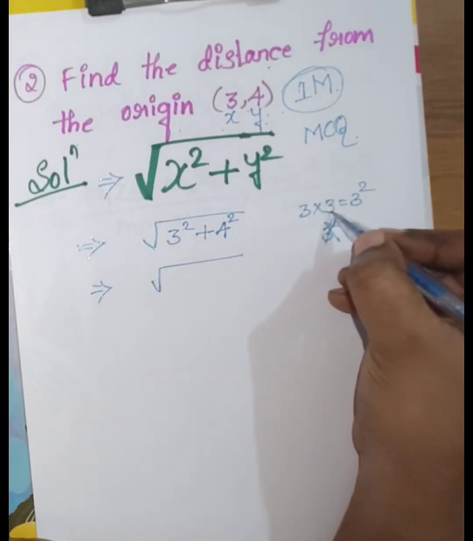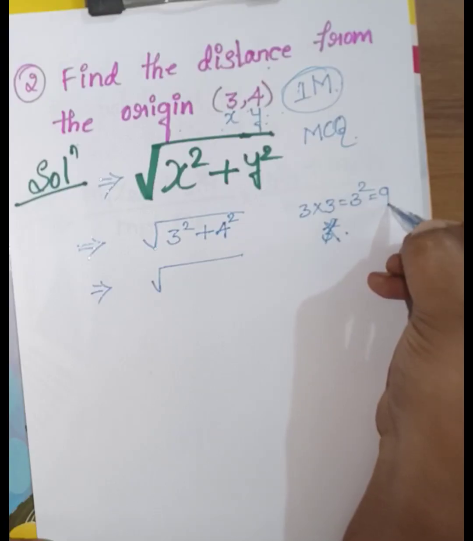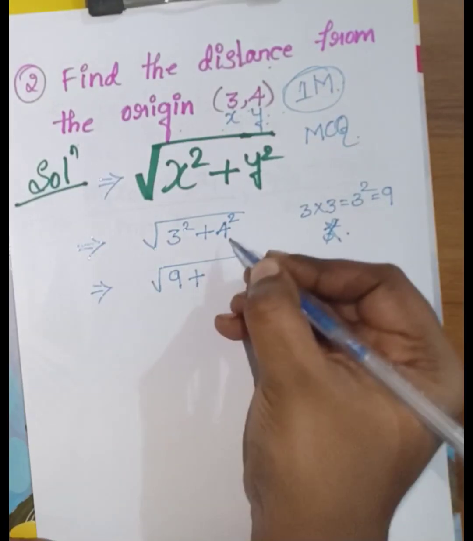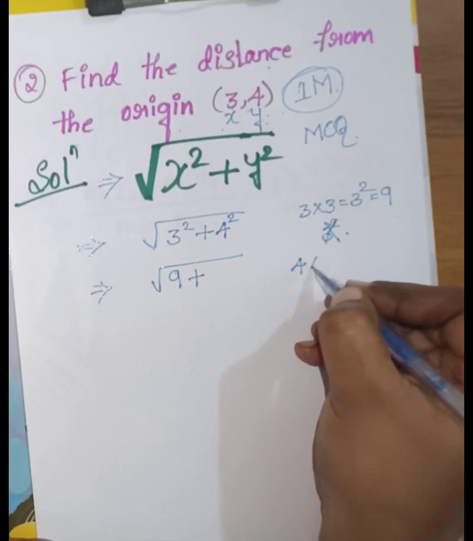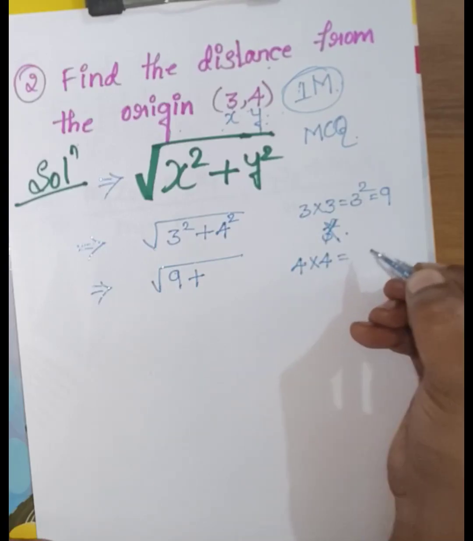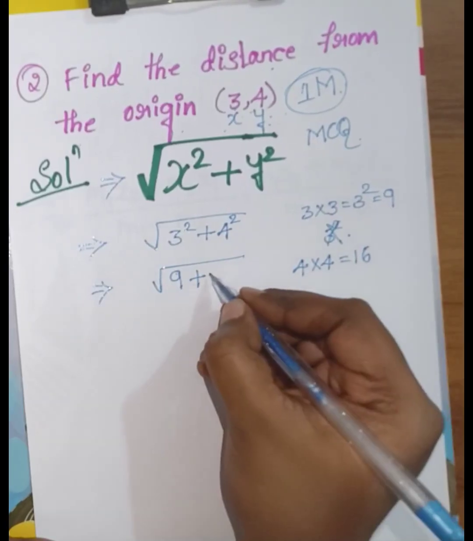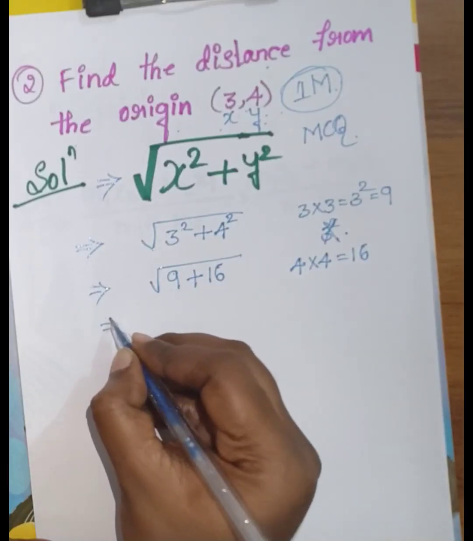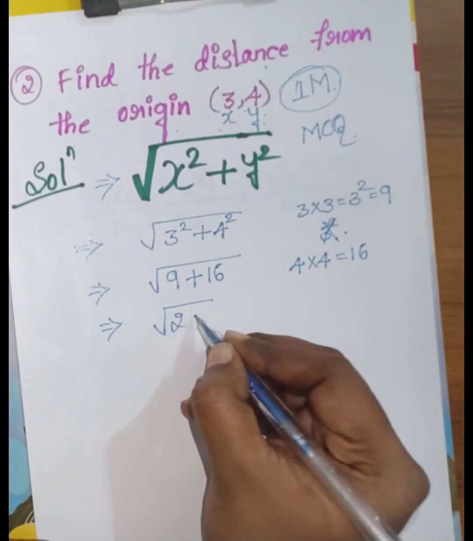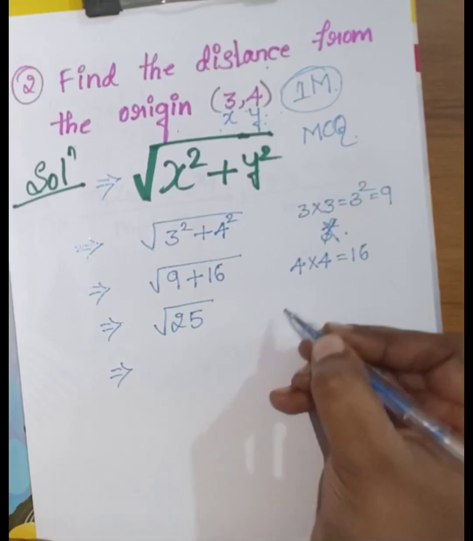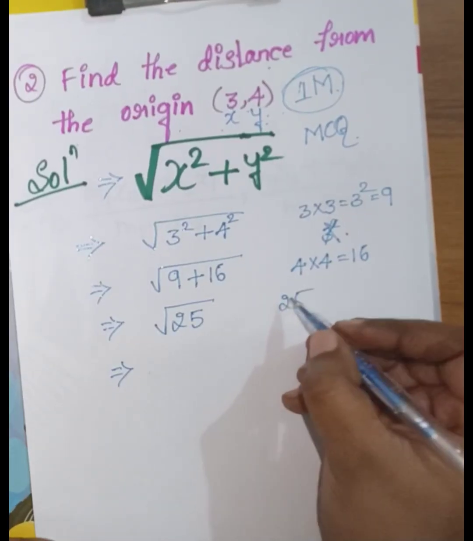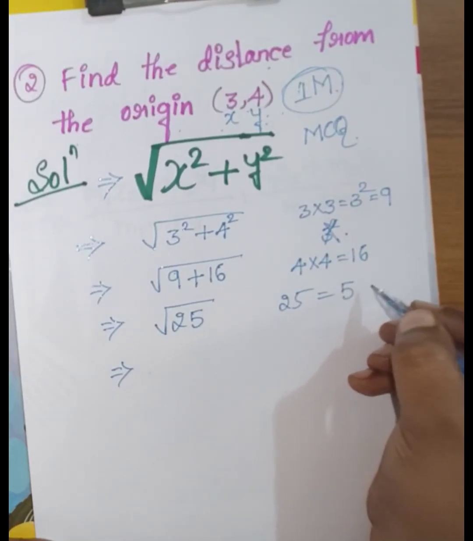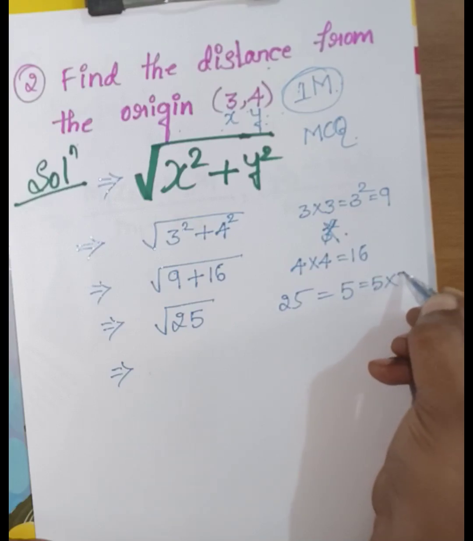You have to do 3 into 3, which is 3 square, which is 9, plus 4 square. Again 4 into 4, the same number you multiply 2 times. So 9 plus 16 is 25. So the square root of 25 will be what? 5, which can be written as 5 into 5.